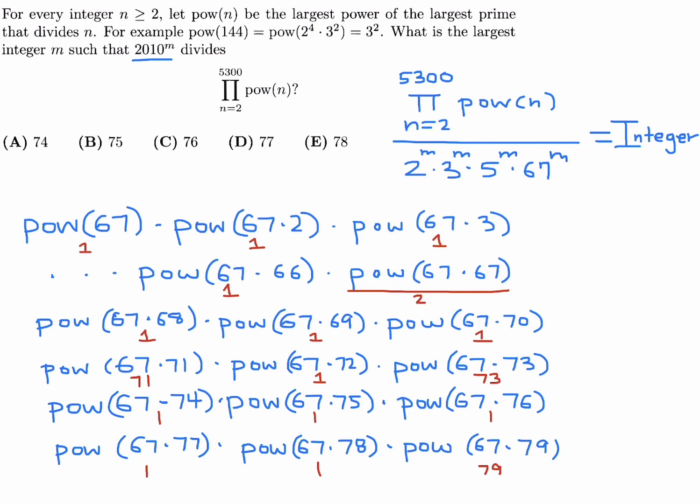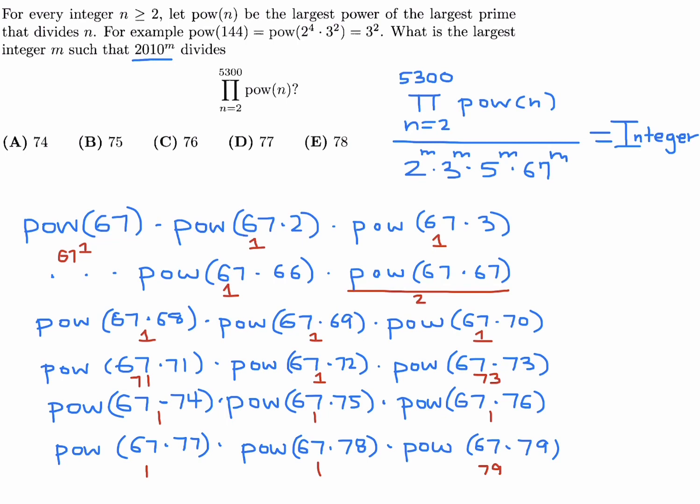Now for all of these, I didn't write the 67, right? It's really 67 to the power of 1. I just wrote the exponent. So our task now is to add up all of the exponents. From the very first one up until this one, there's 66, correct? I didn't write them all in, but we have 67 times 1, 67 times 2, 67 times 3, all the way till 67 times 66. And each of those give an exponent of 1.